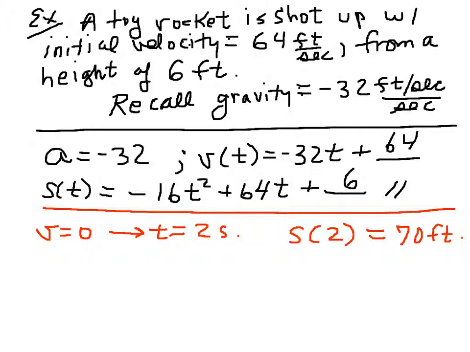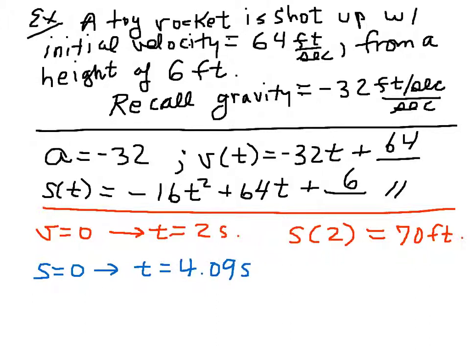Suppose we want to know how fast is it going when it hits the ground. Well, it hits the ground when s is equal to 0. And if we solve the equation for s equaling 0, what we'll get is that t, in this case, is equal to about 4.09 seconds.